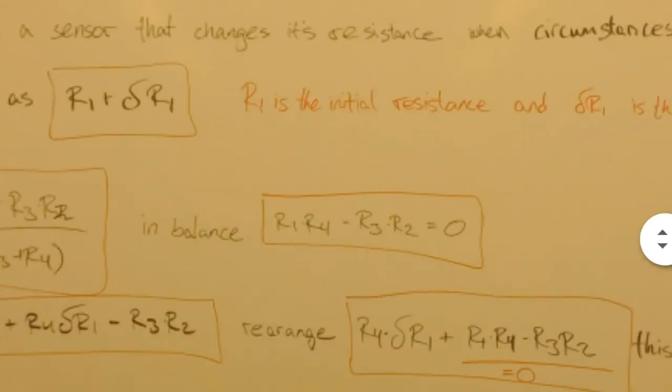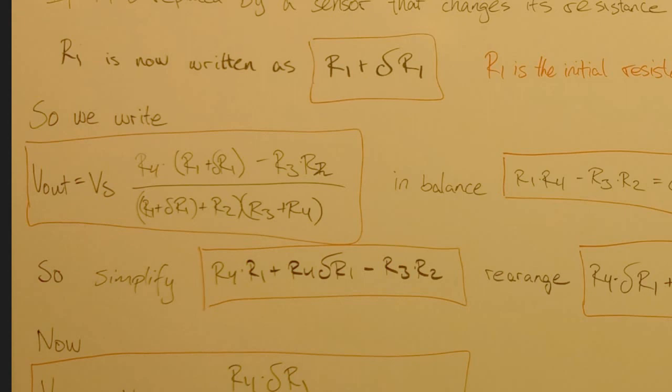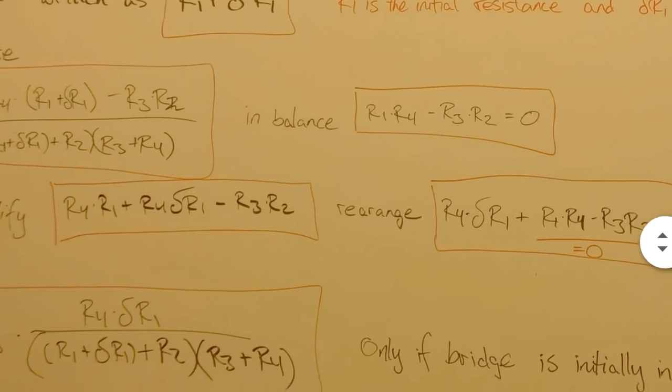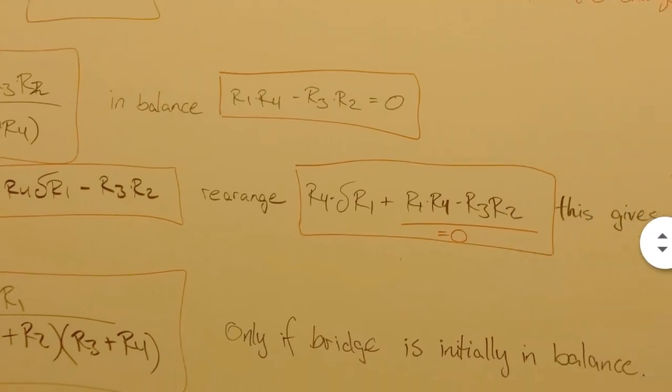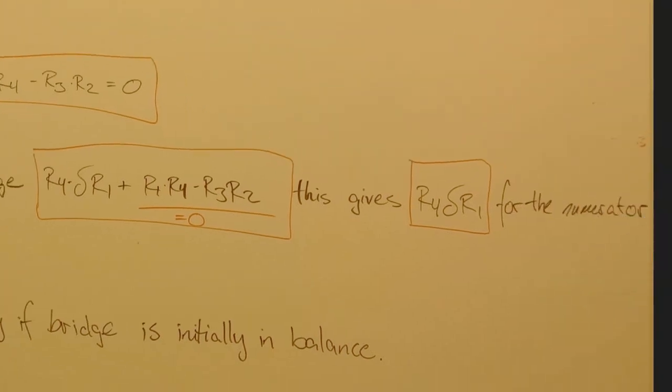Knowing this, we go back to the equation where we are calculating the output voltage. And we look at the numerator, where we have R4 times R1 plus R4 times the change in R1 minus R3 times R2. If we rearrange this, you can see that a part of it is equal to the previous expression, which was equal to 0, and we would only have in the numerator R4 times the change in R1.